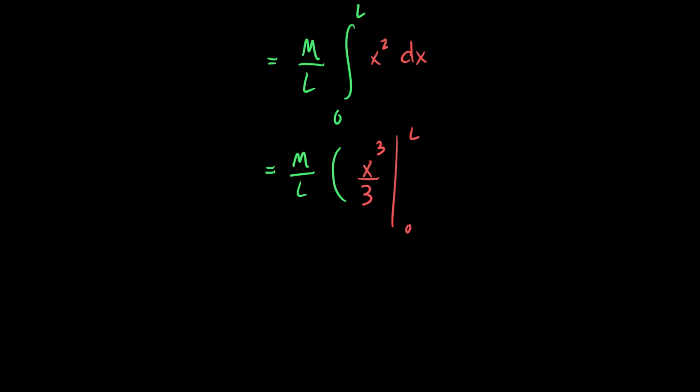So now I have to apply my limits to this. So that'll be L cubed over 3 minus 0 cubed over 3. And one of the L's cancels. You guys see that, right?